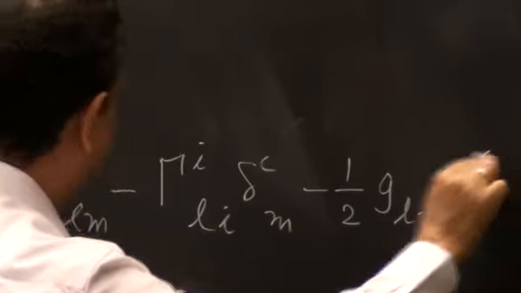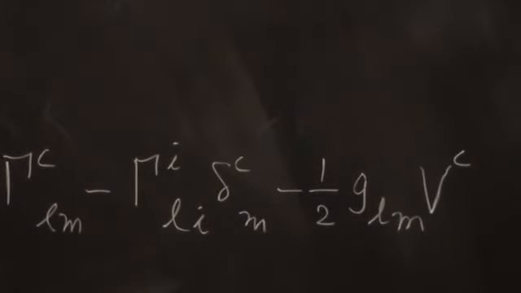VC is that, or surface area. So this is what you find.